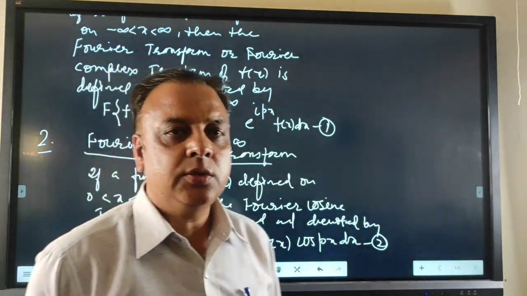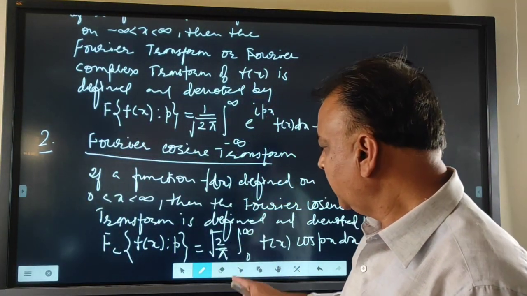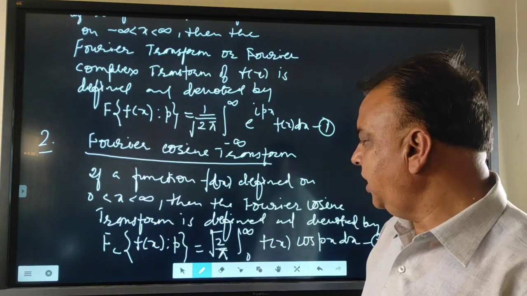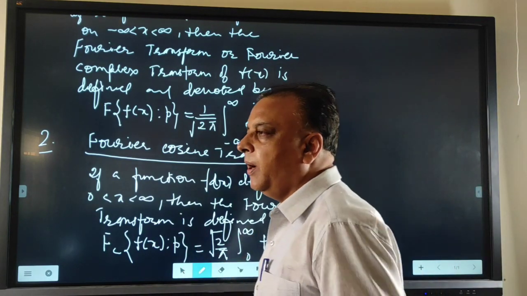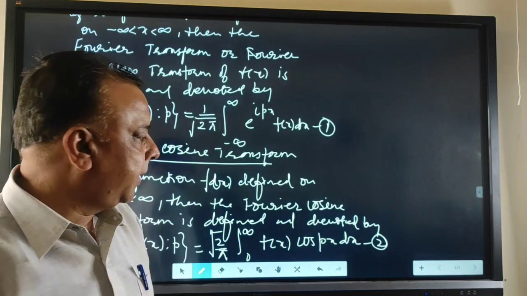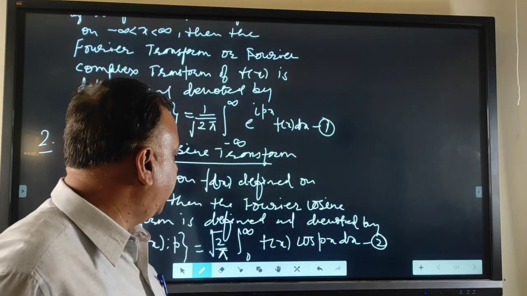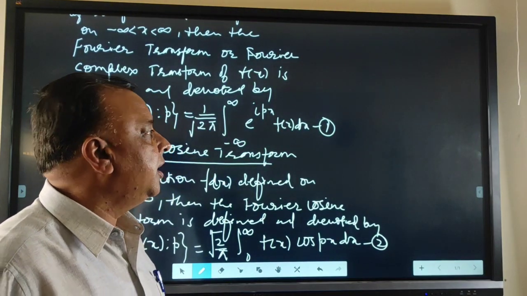The Fourier cosine transformation of the function f(x) is denoted by F_C f(x), p, and it is defined by root of 2 upon pi, integral 0 to infinity, f(x) cos px dx.